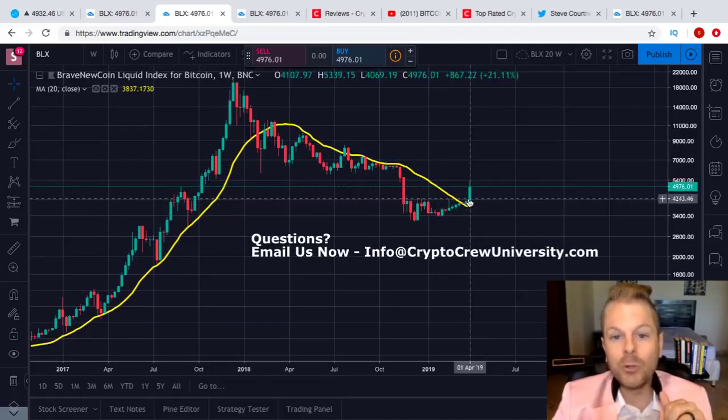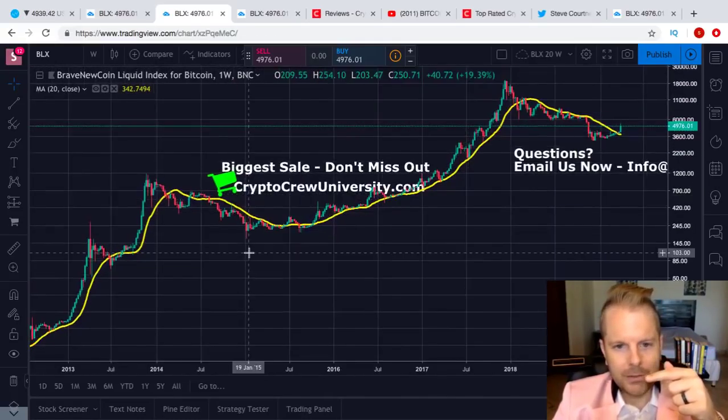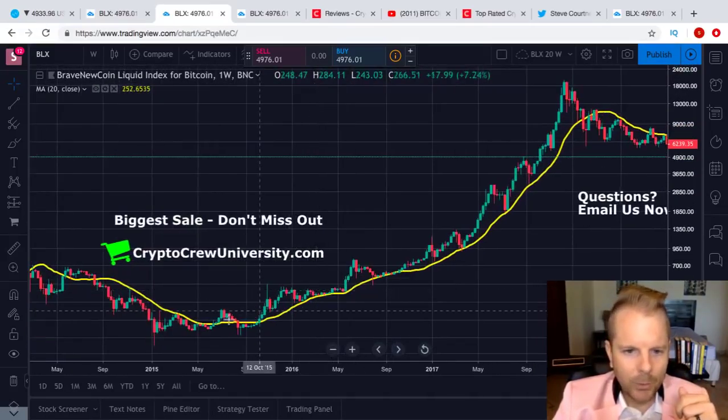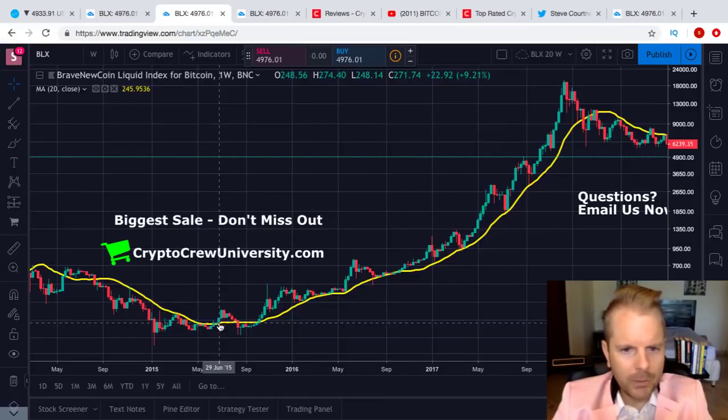We know it's a power move simply because we looked left. What happened last time this happened is a power move. We can zoom in here, and we see that when we finally broke above and confirmed as support with a candle, we went on a run. Let's do a quick measured move here.